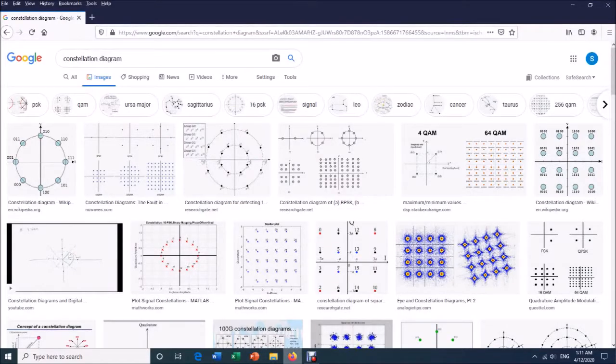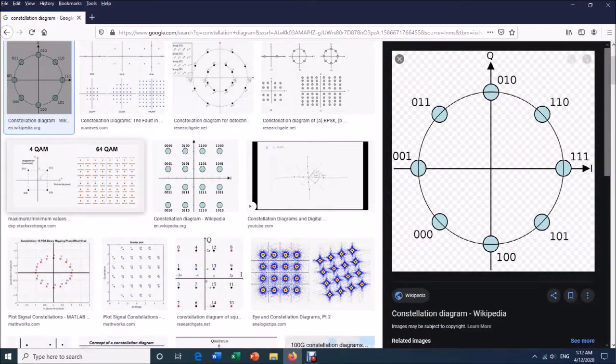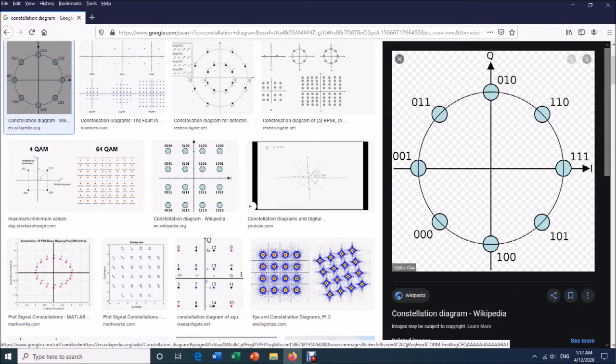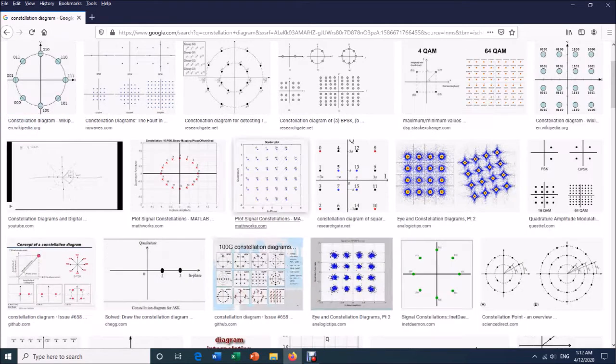If you Google constellation diagram on your computer, this is the page that will come up, and it shows several examples of how constellation diagrams may be designed. This is a 3-bit constellation diagram with 8 symbols, 0, 0, 0 through 1, 1, 1. That's one way of doing it.